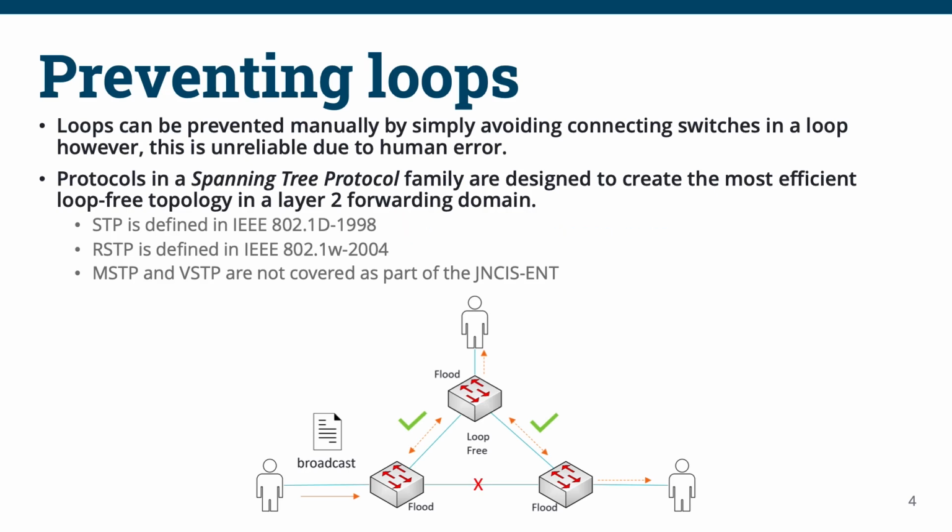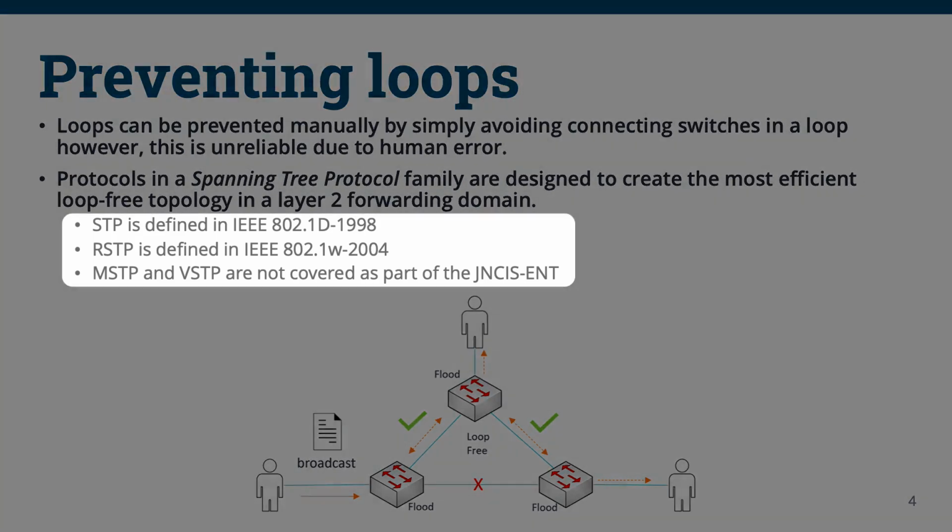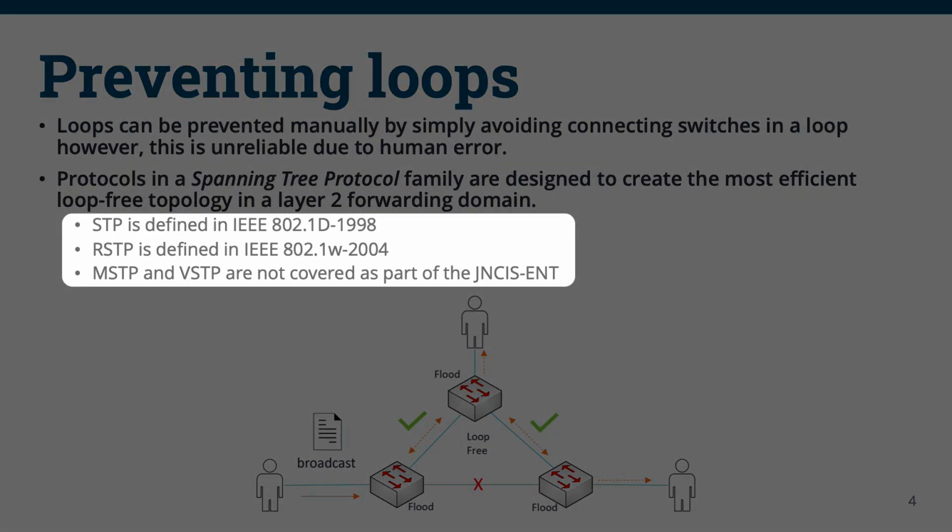There are other flavors of Spanning Tree Protocol, like Multiple Spanning Tree Protocol and VLAN Spanning Tree Protocol, which are not covered by the JNCIS ENT. As you may notice here, STP and RSTP are rather old protocols, with the 802.1d standard originally being published in 1990, over 30 years ago.